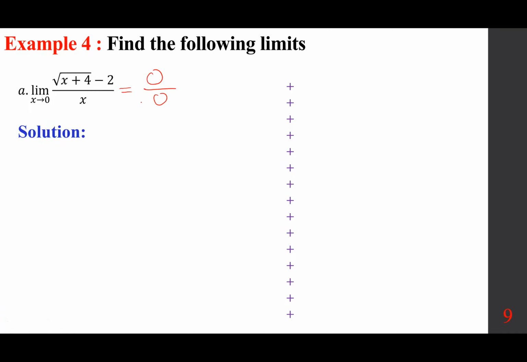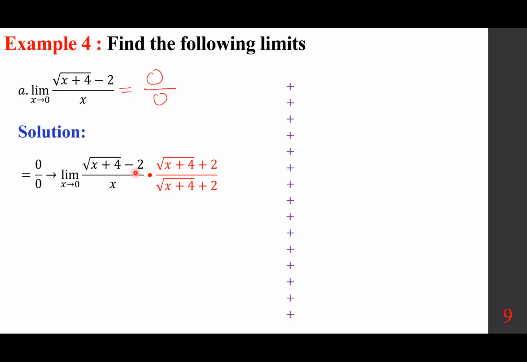So what is the technique in this case? Anytime we have a square root, we use what's called a conjugate. So we change this to a plus, we multiply and divide by it because it's 0 over 0.